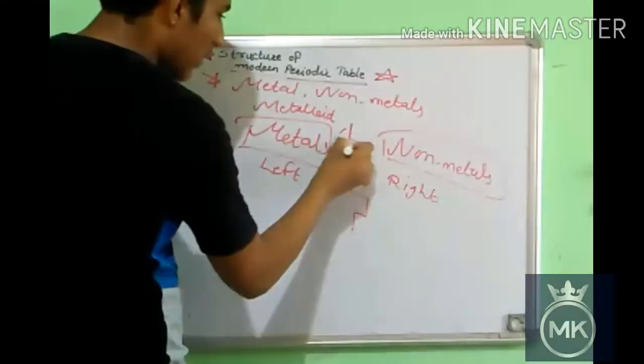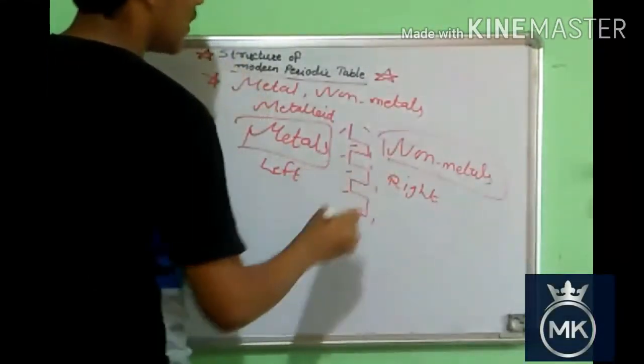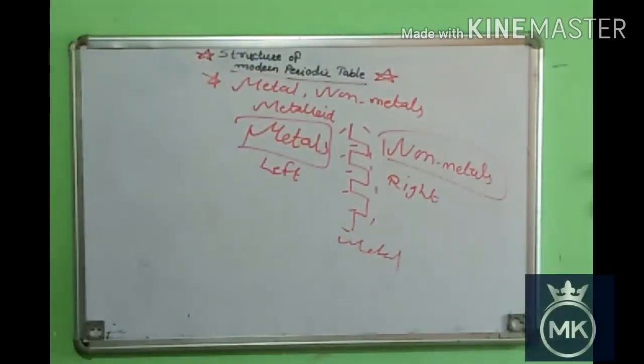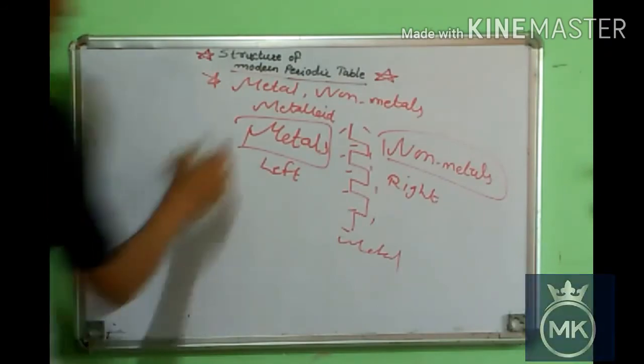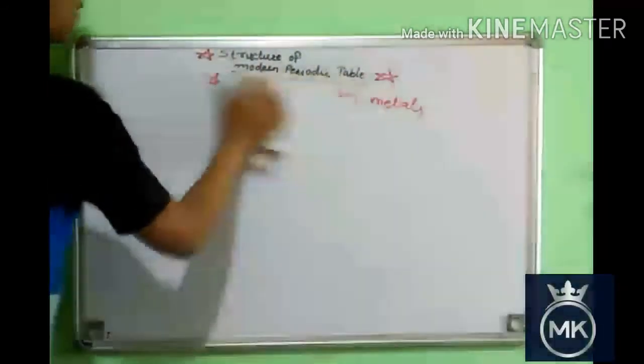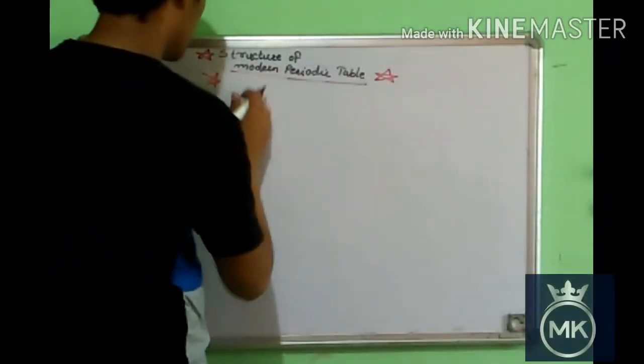At this border the metalloids are contained. So I write here, you also note where the non-metals, metals and metalloids are placed.